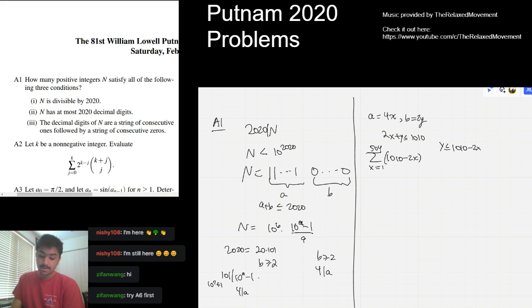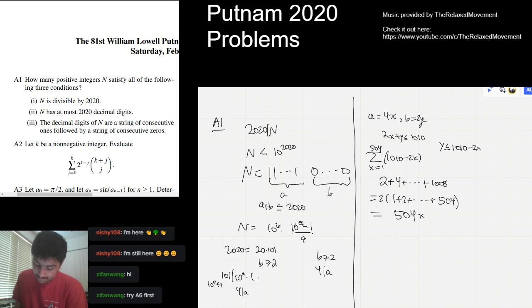So x is 504, gives 2 possibilities. X equals 1 gives, okay, that's our answer. Is this correct? Let me just check if this is correct.